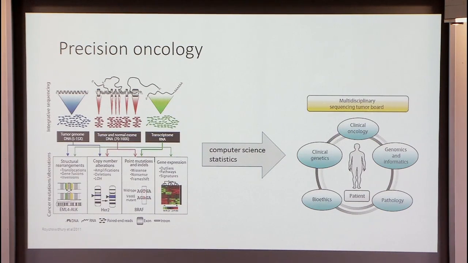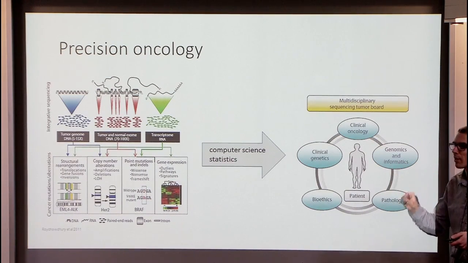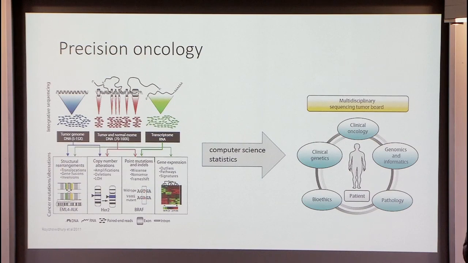And the tumor boards these days, they have a genomics and informatics component. So we really need computer science and statistics in order to inform the tumor board and to make the best possible predictions for the patients. So some of you or some of your students will eventually sit in a tumor board and will have to give advice to the treating physicians how to set up the treatment and help finding the best treatment.